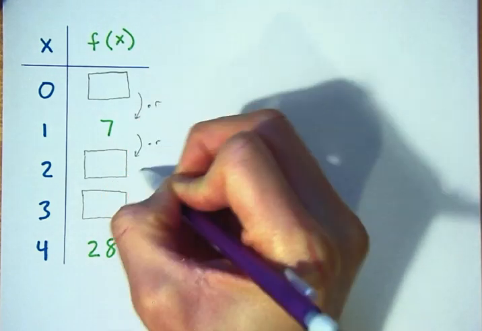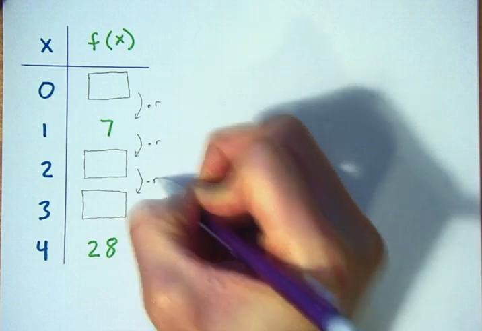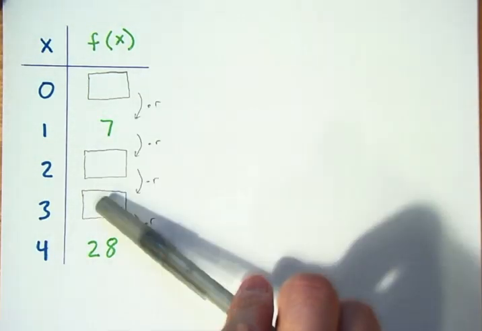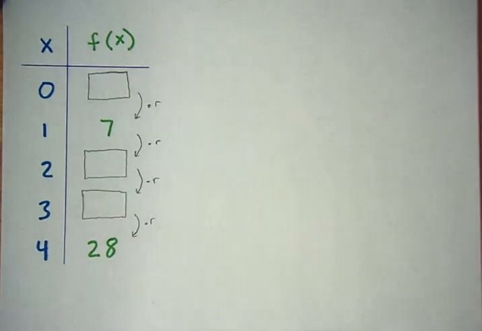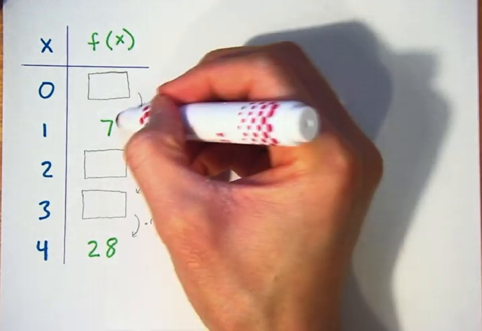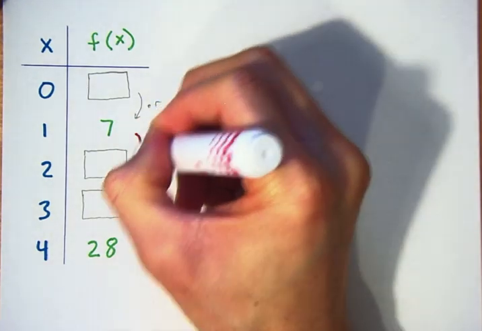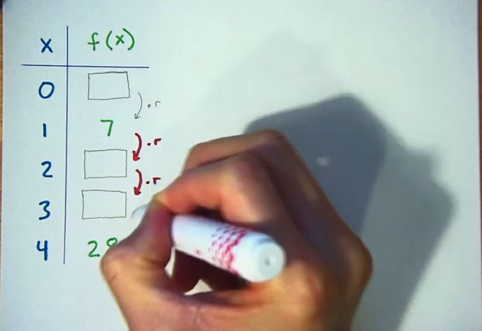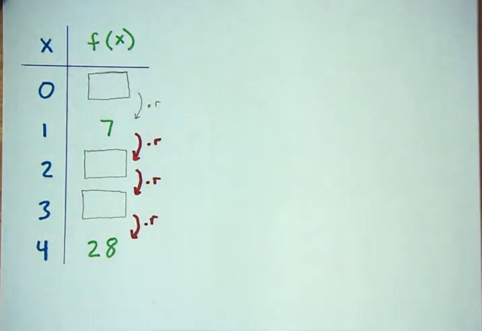And it'll be the same times r to go between each one of the numbers in our sequence. So to go from 7 to 28, 7 multiply r, multiply r, multiply r will get you 28.